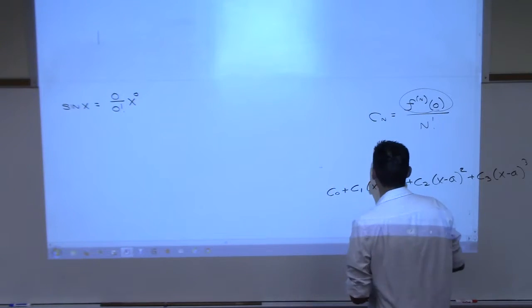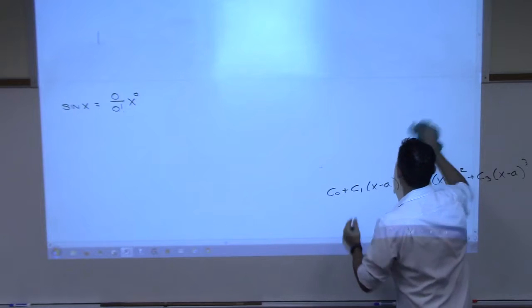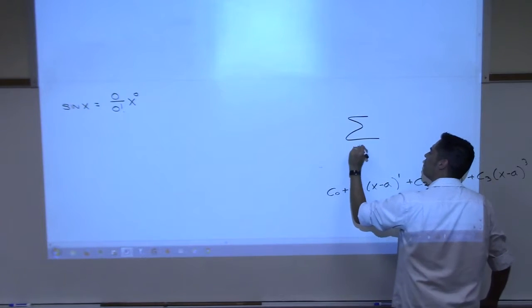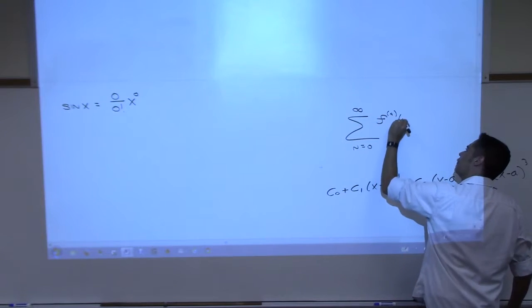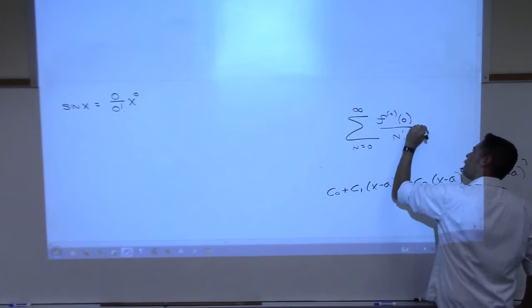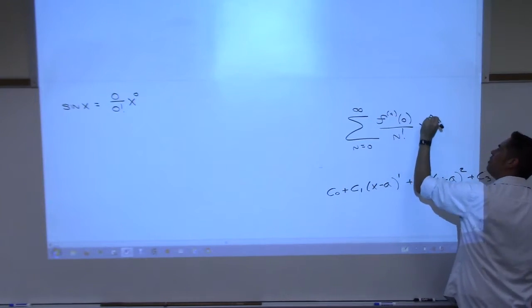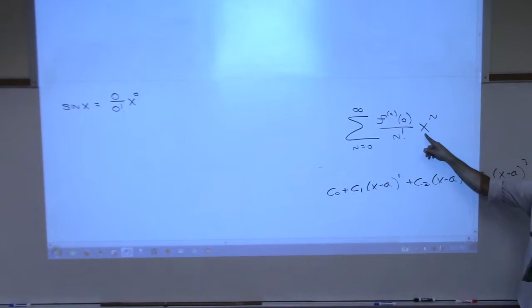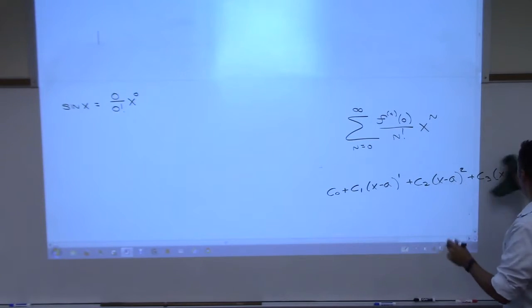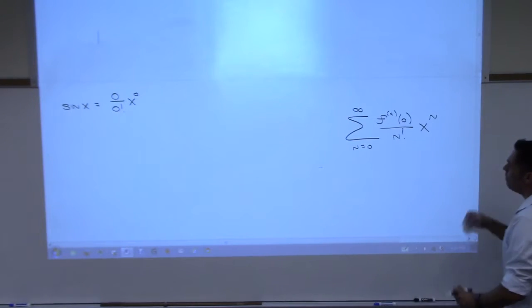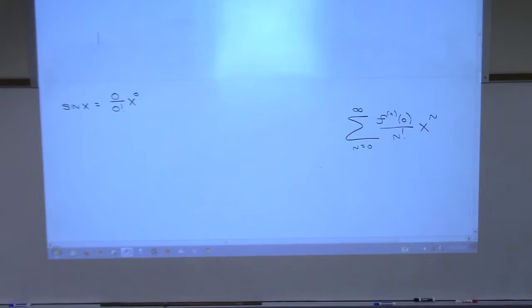I'm using this formula, and instead of doing x minus a to the n, I'm doing x to the n because we're Maclaurin, so a was 0. Okay, that's the formula.